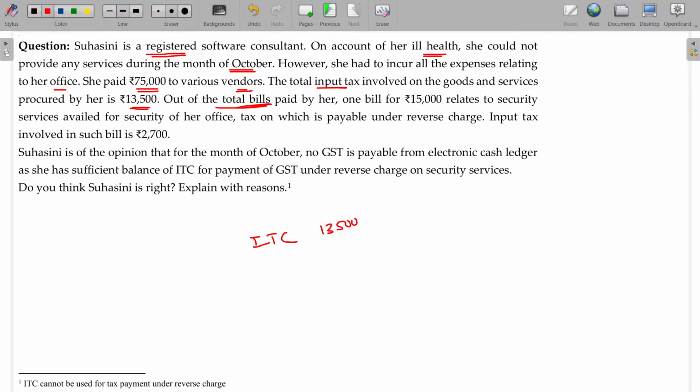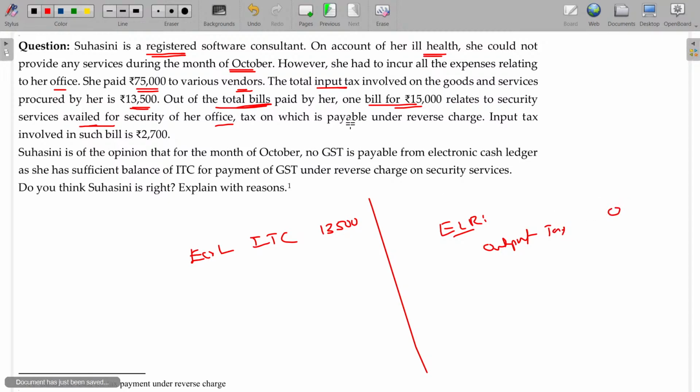Out of the total bills paid by her, one bill of 15,000 relates to security services availed for the security of her office. Now the electronic liability register: what about the output tax? Zero, because she has not done any output services.